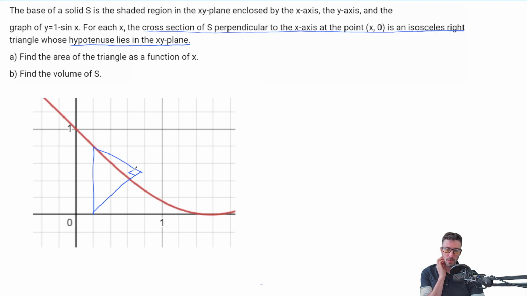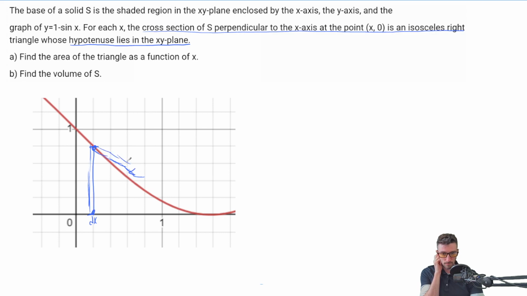Now it's supposed to be isosceles. And then it's also got to have some sort of width to it. And we could say that the width here would be like a dx. So I could draw what the full-on triangle looks like if I were to do something that looks like this.